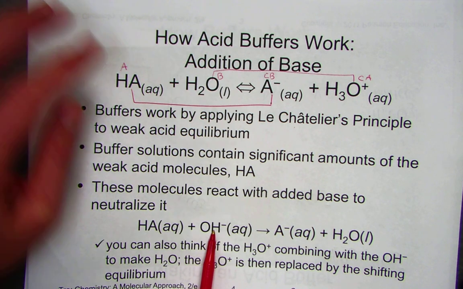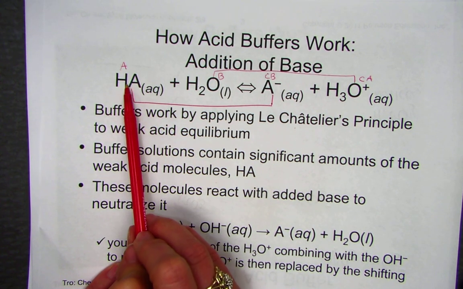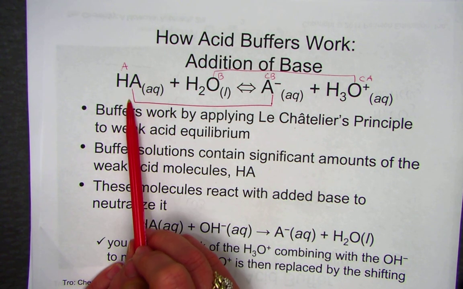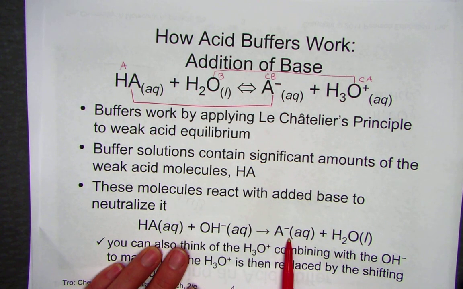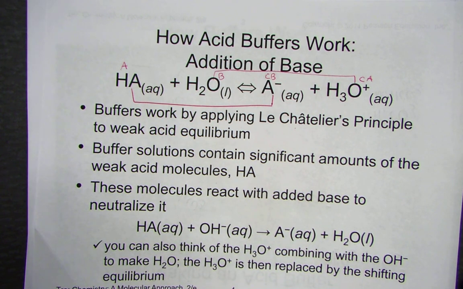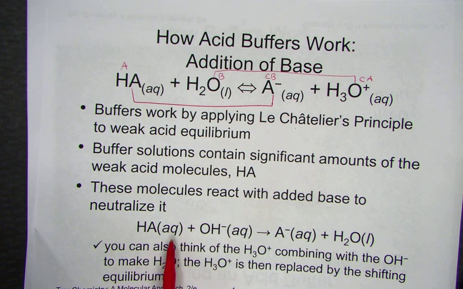Taking a look at Le Chatelier, trying to understand if HA is being consumed by adding OH negative, we're going to make more of the conjugate base A negative and water as the driving force of that neutralization reaction. Acid plus base will neutralize to make a water. So, thinking about a buffered solution, if I add a base to an acid, I neutralize and create more of its conjugate base.